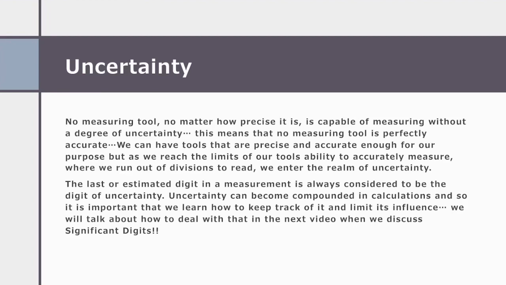And because this last digit in a measurement is always considered to be the digit of uncertainty, it always contains some error. If we were to perform calculations with those numbers, our calculations would contain error, and we need a way of limiting the influence of that error in our final answers. So later in this unit, when we talk about significant digits, that's how we limit error in our calculations.